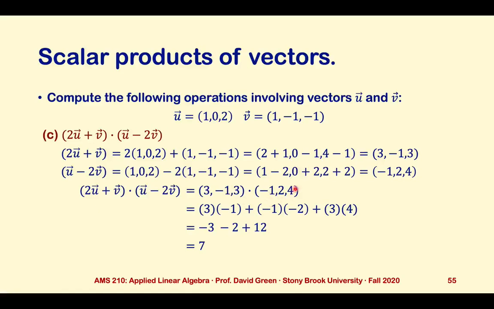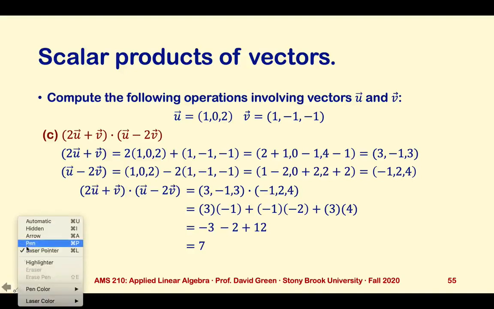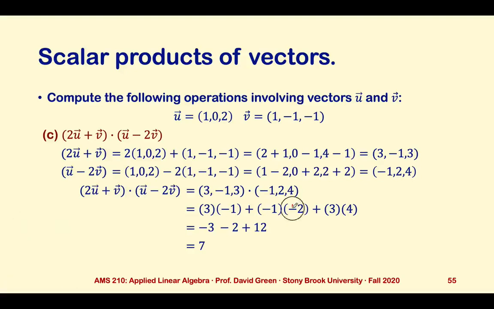Multiply corresponding terms and add them up. 3 times negative 1 plus negative 1 times 2 plus 3 times 4 is negative 3 minus 2 plus 12, which is 7.